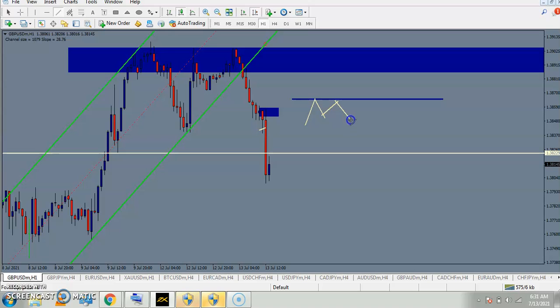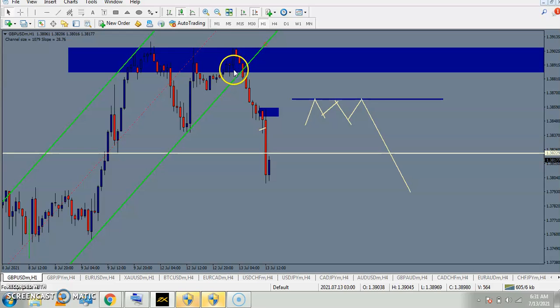Then if price goes back and makes a third one, guys, and rejects it, know that we are getting ready for a big push down, okay? So let's say price retests it again, the same point, and respects that top. We are getting in for a long big fall, okay?